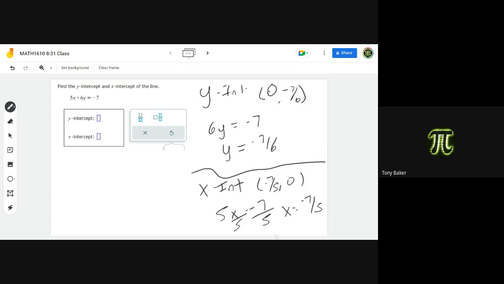So if we graph these three, this is what we would get. If I had to guess, I would check -7, 2, -3, 10, that one, and then -7, 2 and 0, 2.